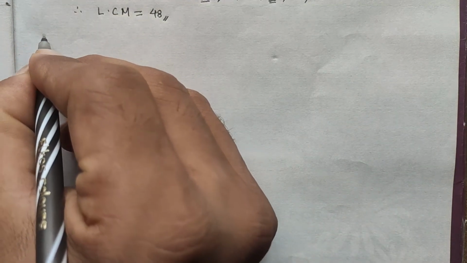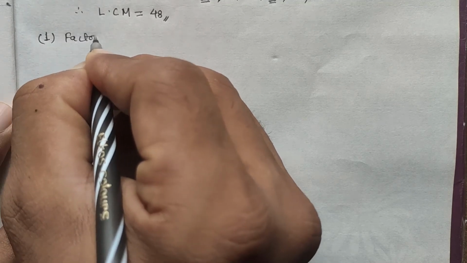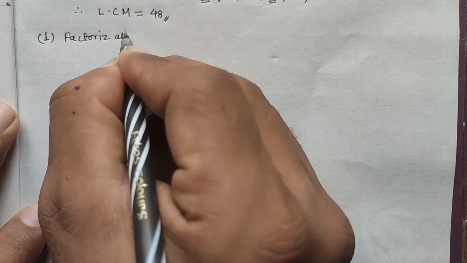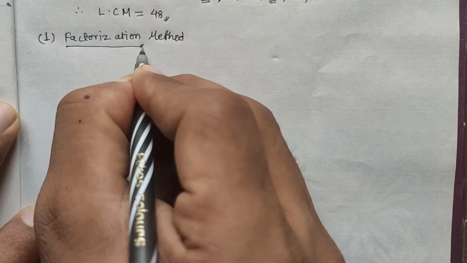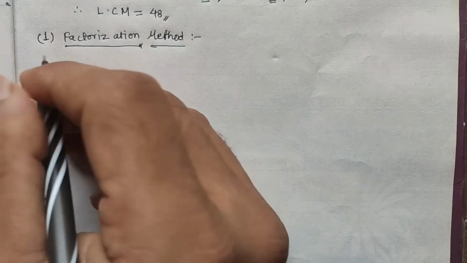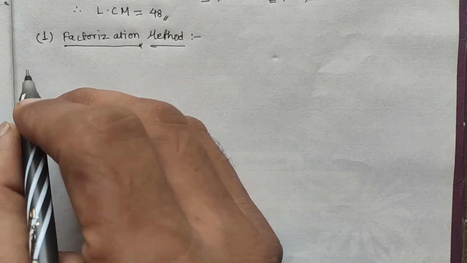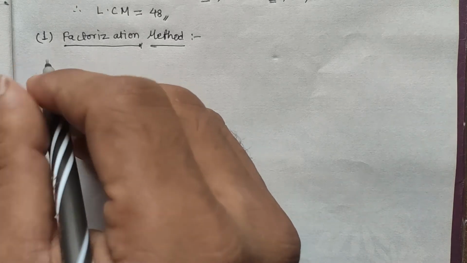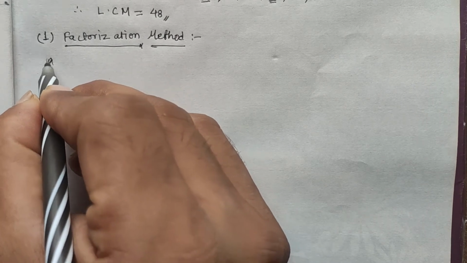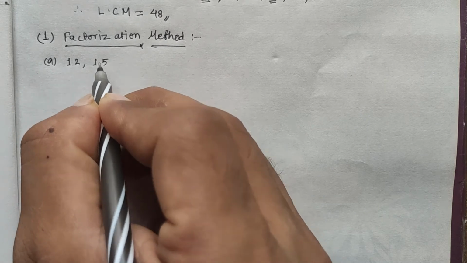So the first method is the factorization method. In this method, we are going to find the LCM of 2 or 3 numbers by doing factorization. For example, you have to find the LCM of 12 and 15.